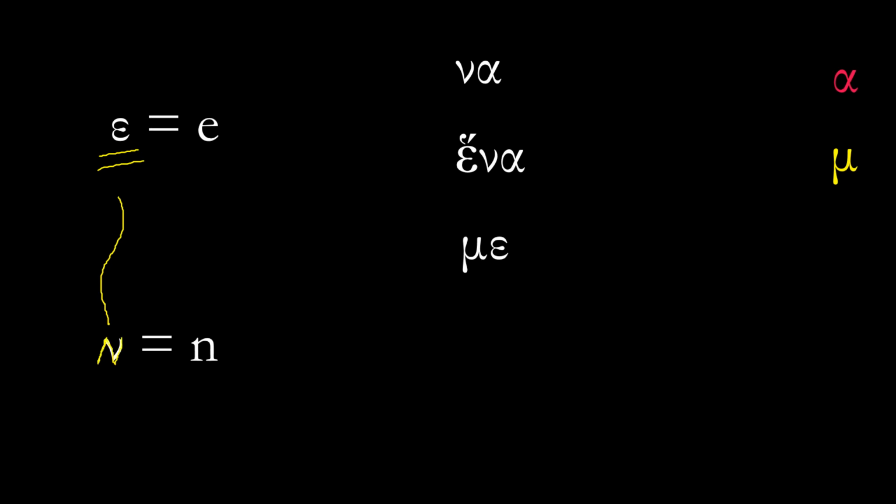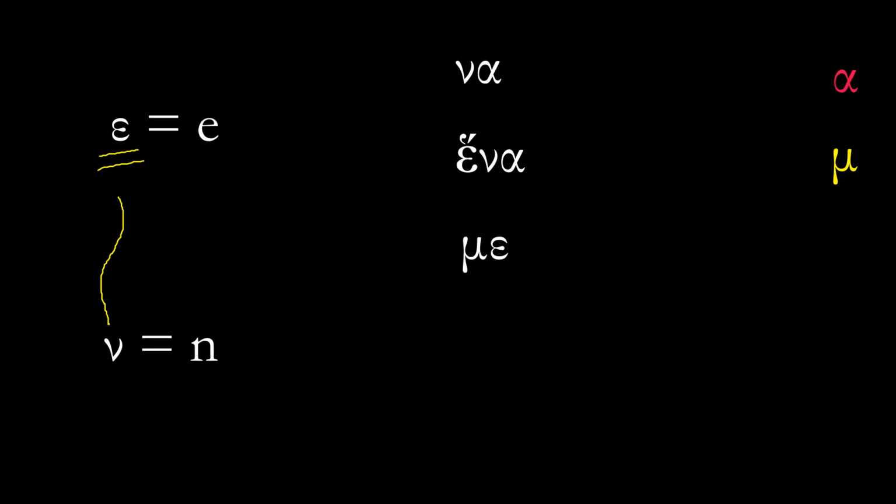Kind of looks like an N, doesn't it? Okay, but over time, and there is a real reason why this change has happened, it came to look like a V. So we now have E, the epsilon sounds like an E, and the ni sounds like an N.